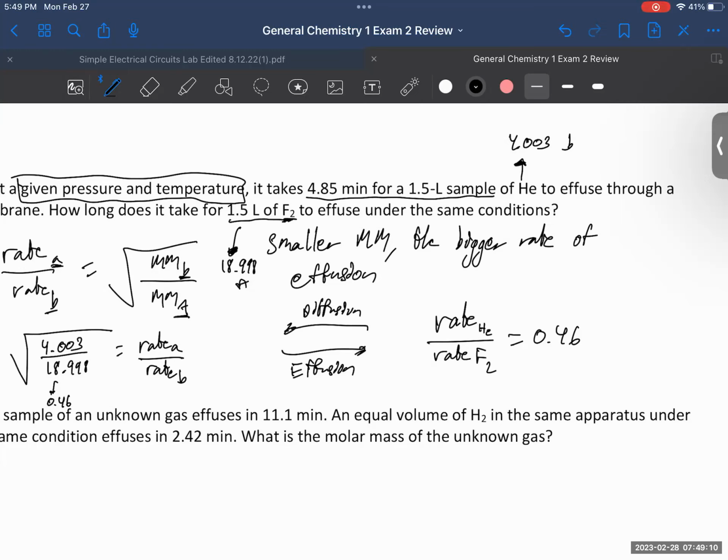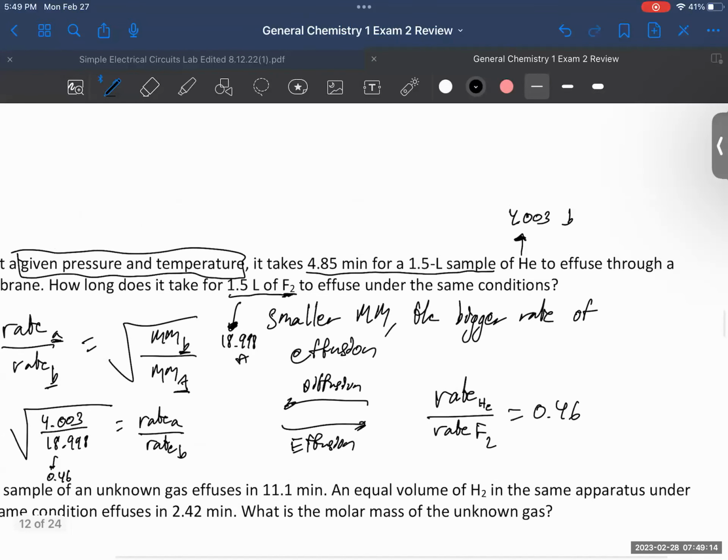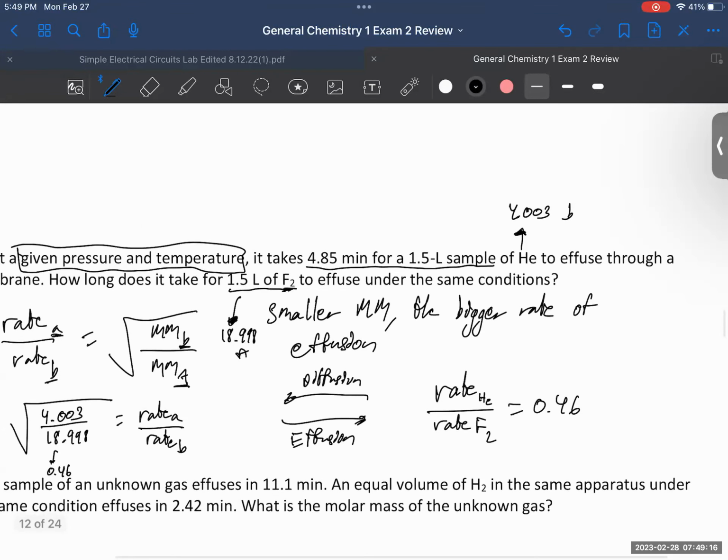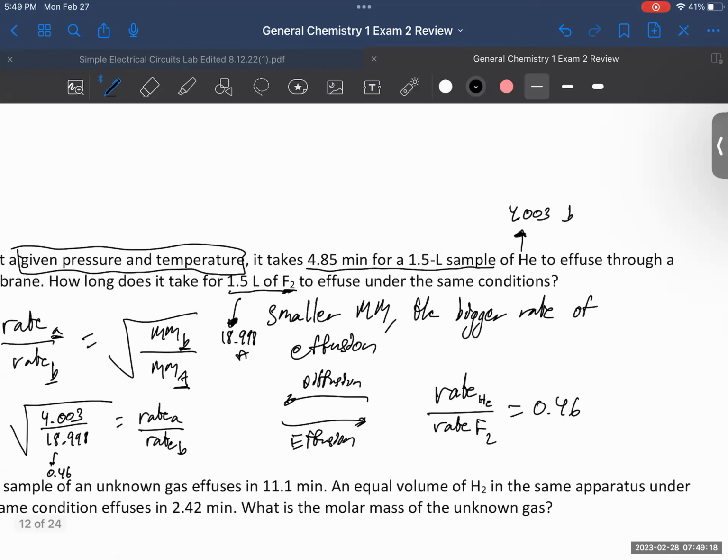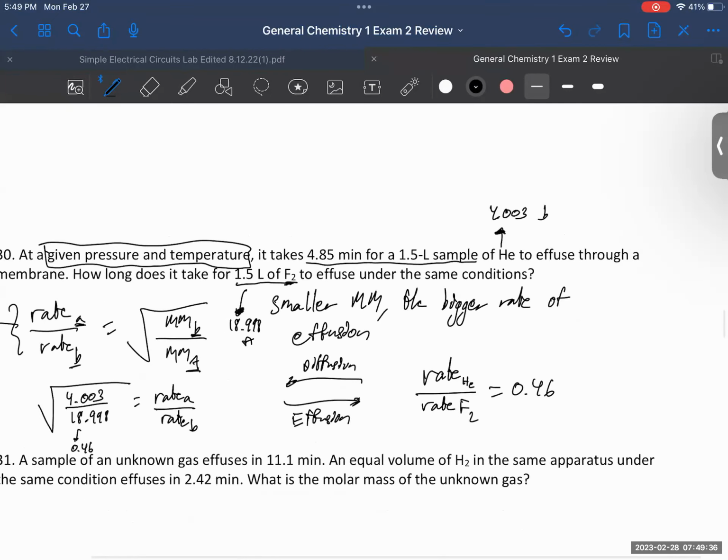Smaller. So the rate of helium is smaller. So that means that, yeah, so it'll be greater, right? Because the idea is that stuff with a smaller molar mass has a greater rate of diffusion. Remember, rate is like how fast something goes. So the helium would diffuse faster than the fluorine, which is precisely what we expect.